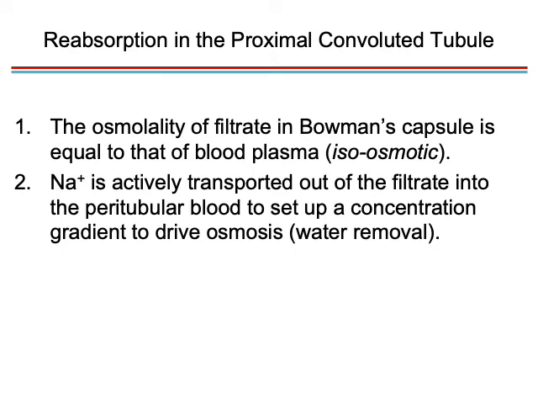The first process is to pump out sodium. So there are sodium pumps within the proximal convoluted tubule. And this pumped out into the blood sets up a higher salt concentration in the blood that helps drive osmosis and allows for water reabsorption, removal of water from the filtrate.